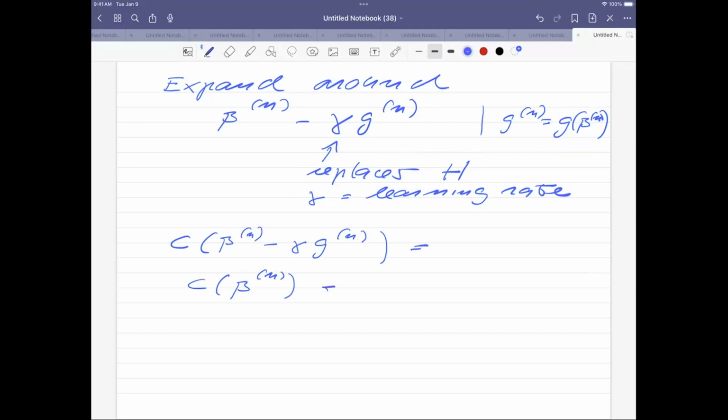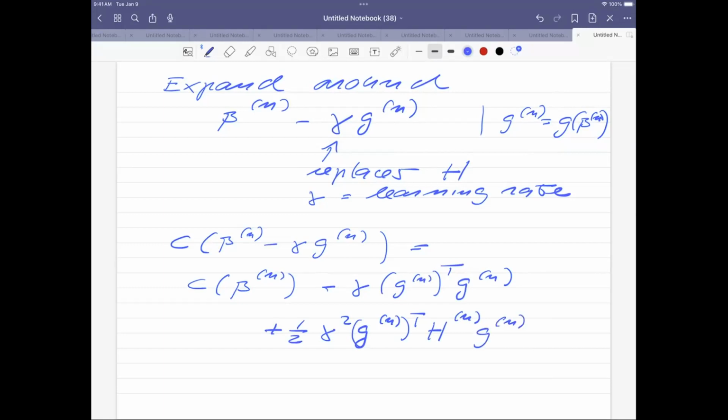So then we have minus gamma, and then I have g of n transpose, because this is a vector, and then I have g of n, and plus 1/2 gamma squared, and then I have g of n transposed, and then I have this Hessian matrix. This is the second derivative of g of n. And then we have higher order terms. But we are going to drop the higher order terms. So we should put an approximation sign here.